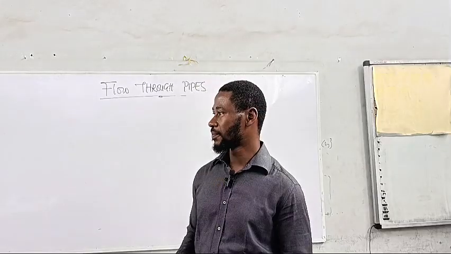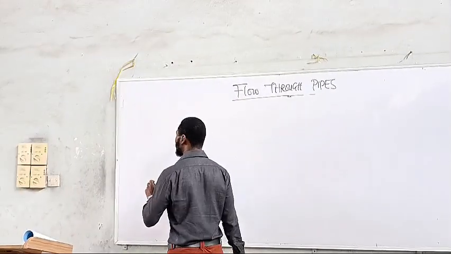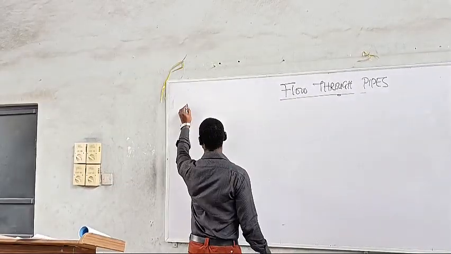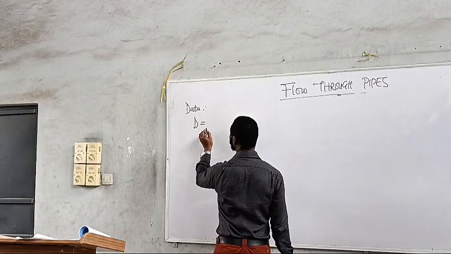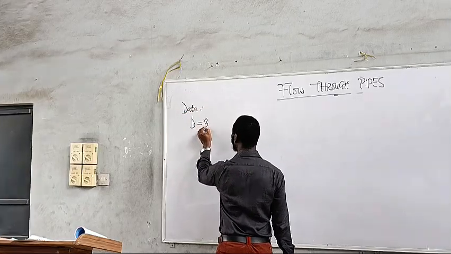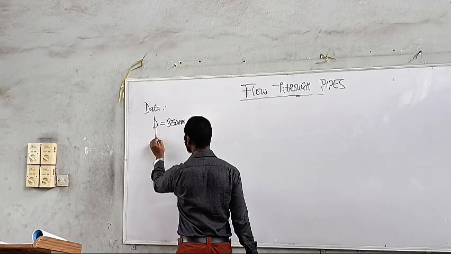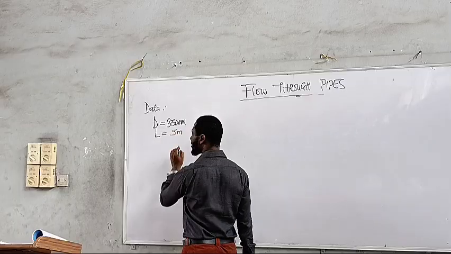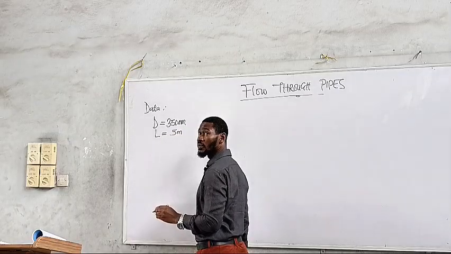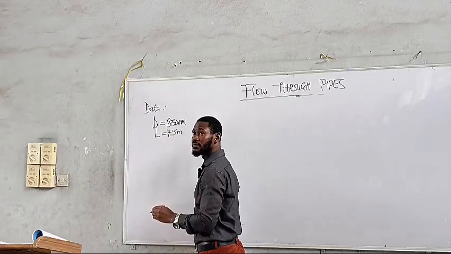Let's solve the problem now. What are the data given in the question? The diameter of the pipe D is 350 mm, the length of the pipe is 75 meter.